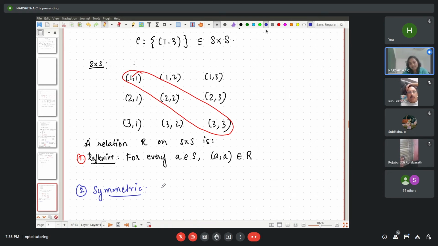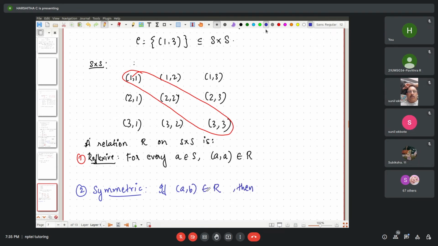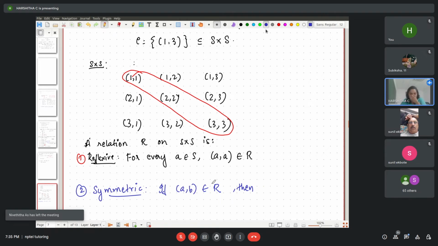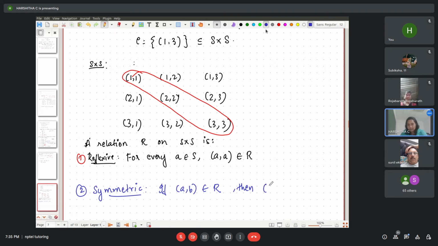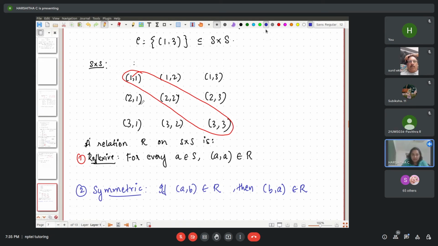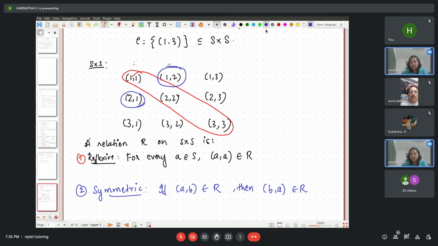If you have some element in your relation, then reversing the order, like if you have 1 comma 2, then 2 comma 1 should also belong to the relation. So B comma A should also belong to the relation. In the diagram, let's say 2 comma 1 belongs to it, then you also want 1 comma 2 to belong to the relation.